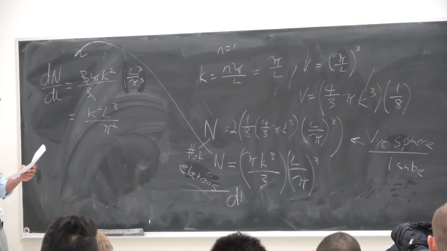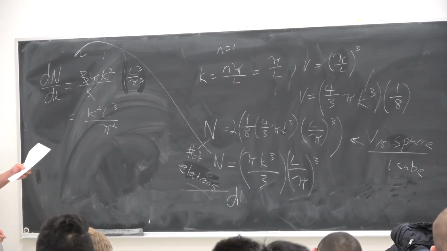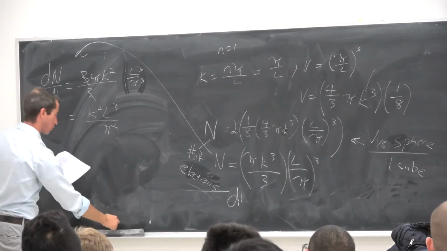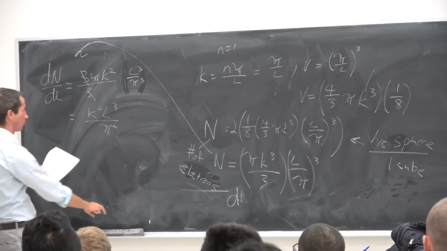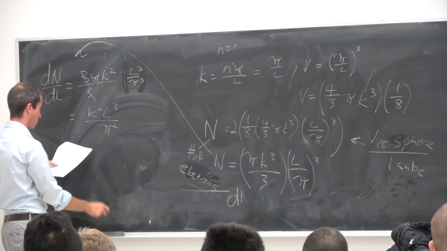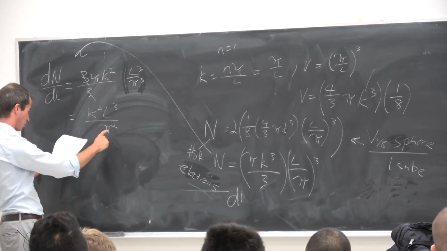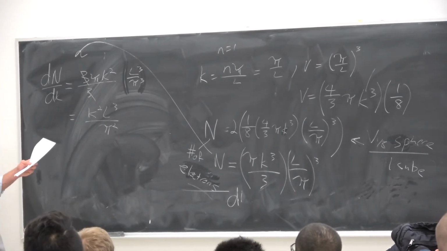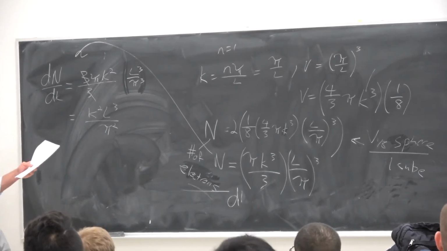Yes. Pi cubed on the bottom? No, it's squared because you cancel one. Yeah, I canceled one, that's squared. K squared over pi squared. Yes, that's right. Okay, sweet.